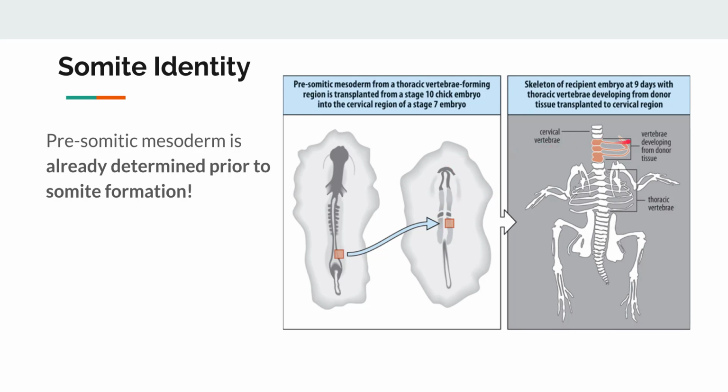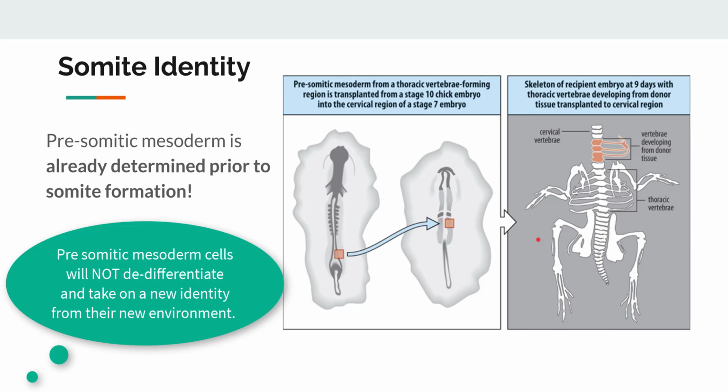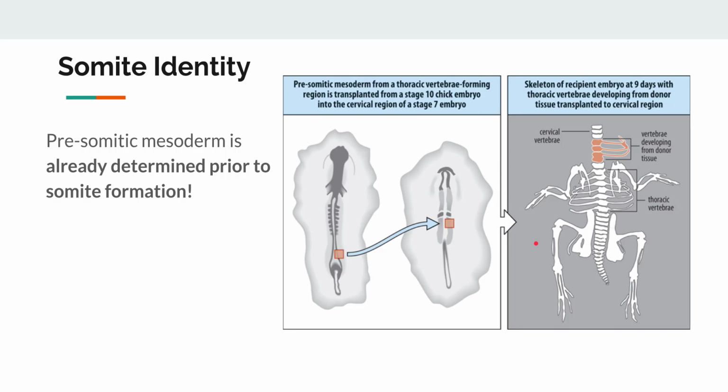So in this region here, instead of just having regular cervical vertebrae, we actually have ribs forming, all right? And that's due to the fact that these mesoderms already have their identity predetermined. If this wasn't the case, and somite identity was fluid, we might expect the cells to dedifferentiate, and then based on the new environment that they're in, they would take up an identity appropriate for that new environment.